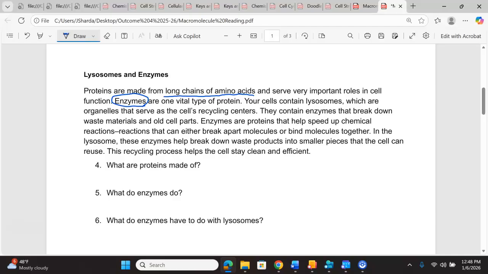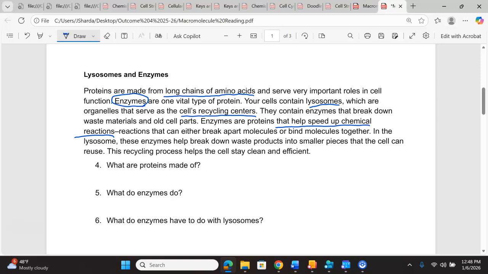Your cells contain lysosomes, which are organelles that serve as the cell's recycling centers. Let's underline this one too, because that came up in the title here. These lysosomes contain enzymes that break down waste materials and old cell parts. Enzymes are proteins that help speed up chemical reactions.